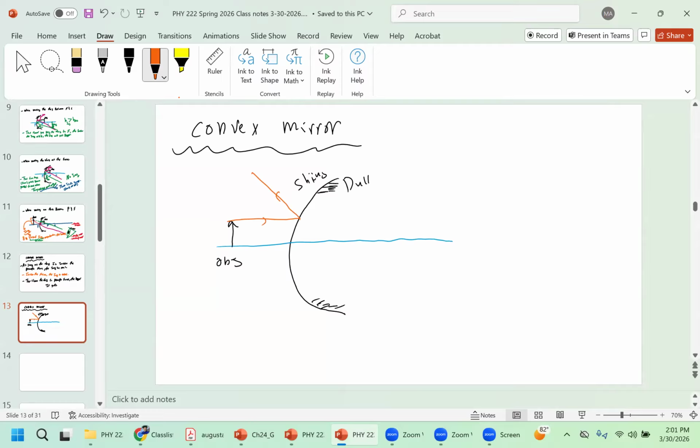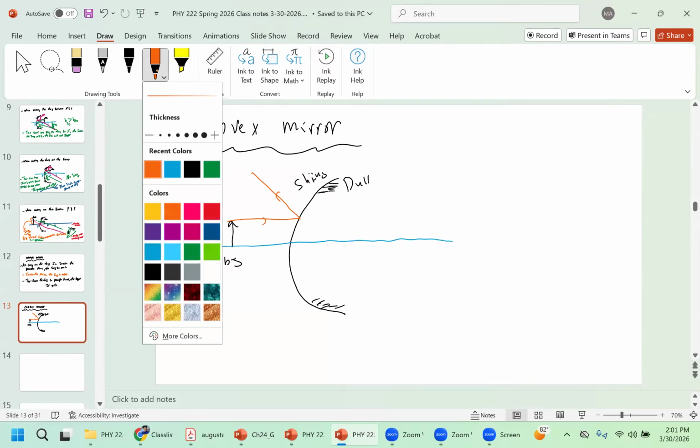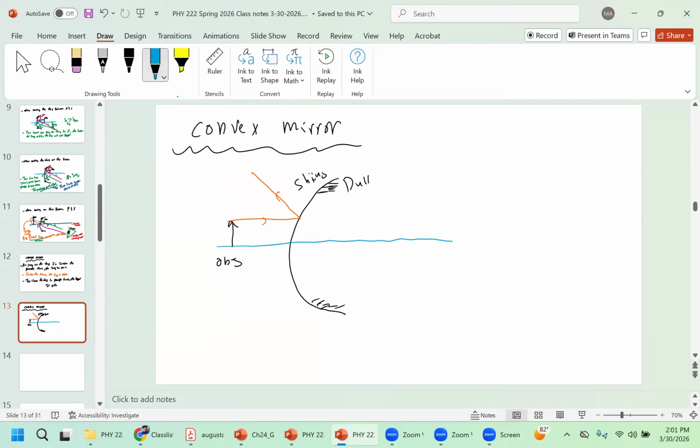Okay. And oh, I forgot the focus. So basically, here's your eye. So your focus would be like right over here. It would look like it's inside, and it's basically an extension. Actually, let me move this. That's better. That's your focus.